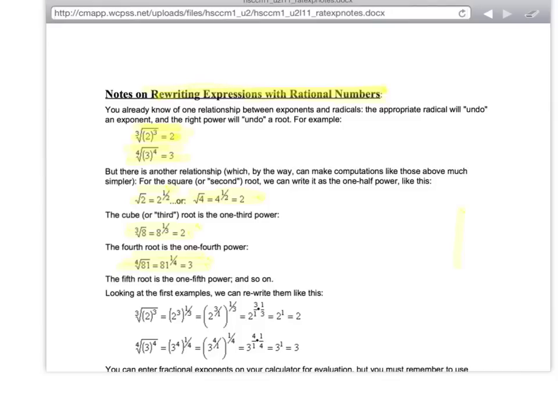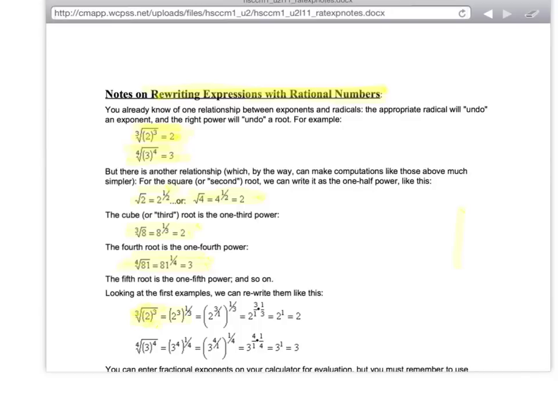So if we look at the first example, like we've done above, we can rewrite the items like this. 2 to the third power, we would take the cube root of that number.